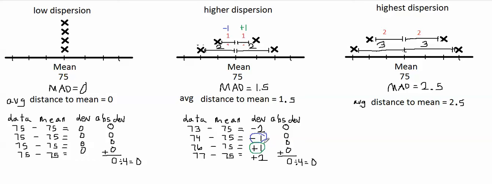So the exam score of 74 is 1 below the mean of 75. So this person who got an exam score of 74 has a deviation of -1. I labeled it up here. This person who had an exam score of 76 had a deviation of +1 because that person is 1 above the mean.